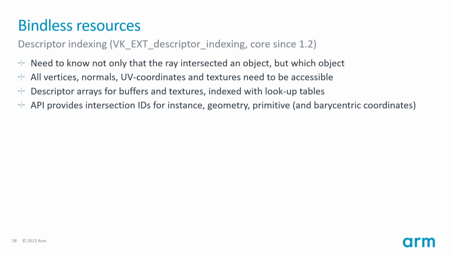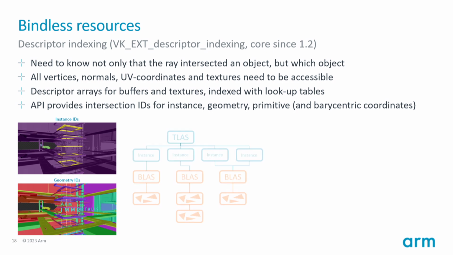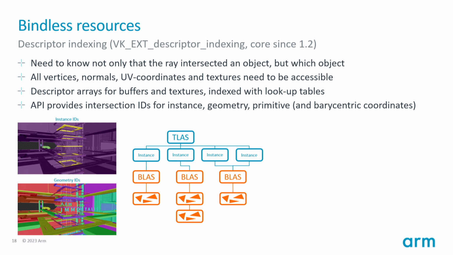So in this case, we can use Vulkan's descriptor indexing to define an array of buffers and textures that we can access using a lookup table. To index this table, we can use the Ray Query API to obtain the instance ID, like the picture shows. We can obtain the instance ID, a geometry ID and a primitive ID from the acceleration structure.